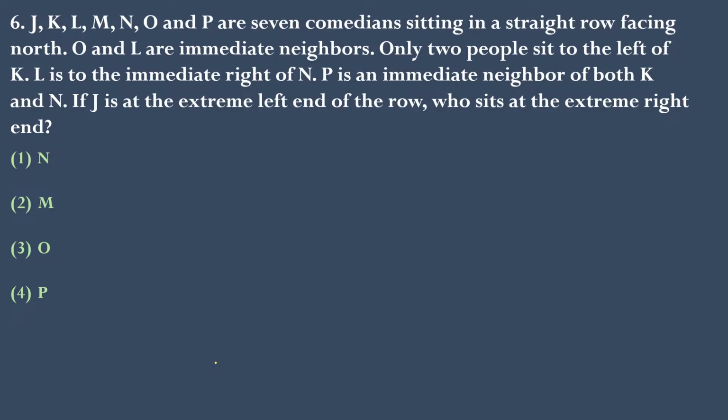See the question. A seating arrangement question is given. J, K, L, M, N, O and P are 7 comedians sitting in a straight line row facing north.